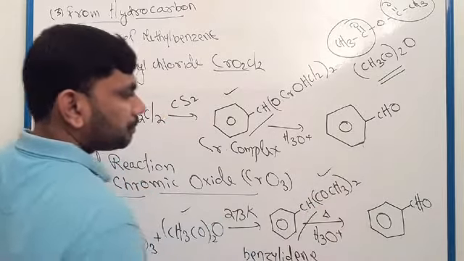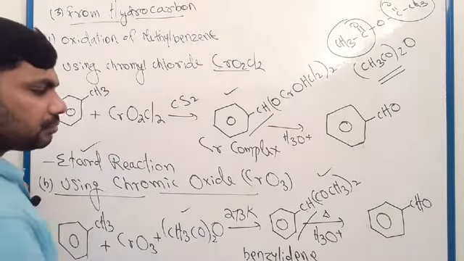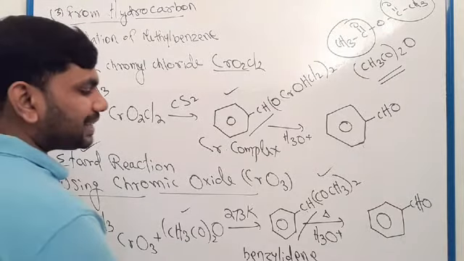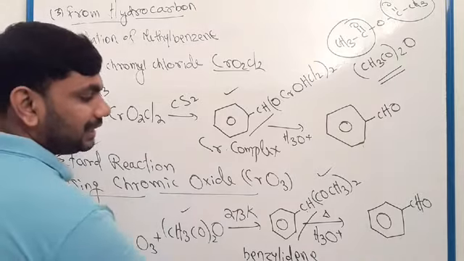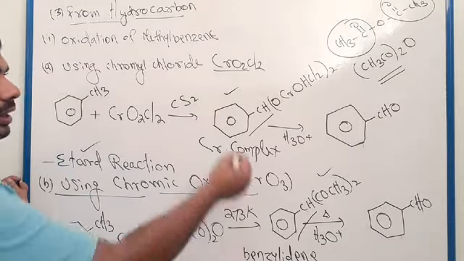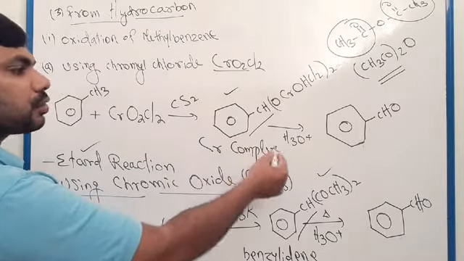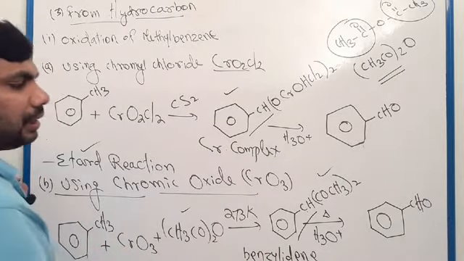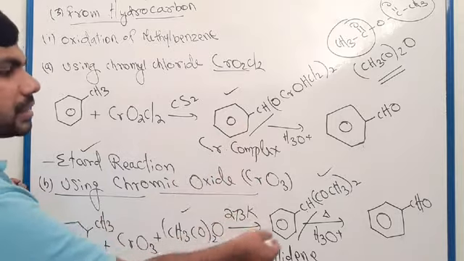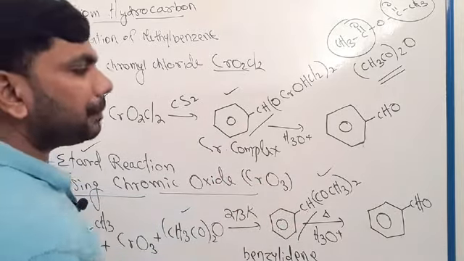That is the complex formed. This complex is called benzaldehyde anhydride, while the earlier one is the chromium complex. Both complexes, after hydrolysis, give benzaldehyde.